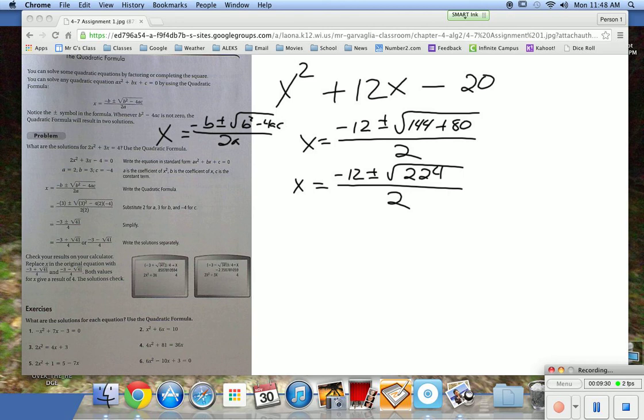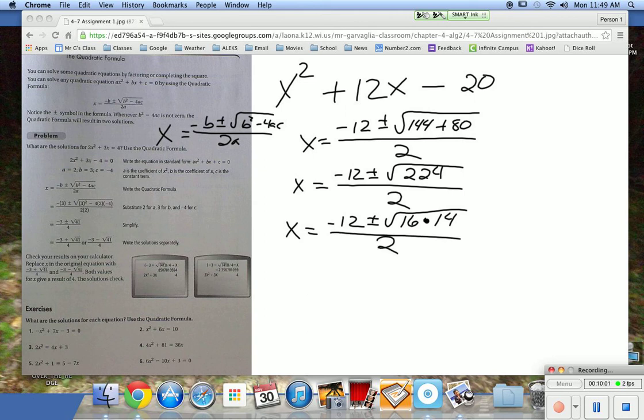If we take 224 and divide it by 16, why would I use 16? Because I know it's a square root. It's a perfect square, right? So I'm going to try that. I'm left with 14. Just to show you how this looks, minus 12 plus or minus square root of 16 times 14 over 2.